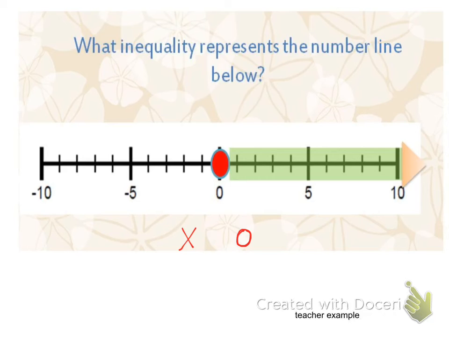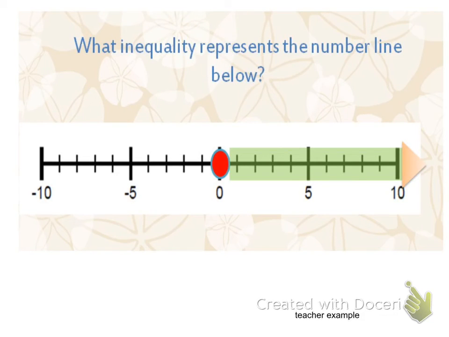Is it going to be a greater than symbol or a less than symbol? Very good. Greater than because it points to the right. So it's a greater than symbol. Is there going to be an equal sign underneath it? Yes. It's shaded in, so we're going to put an equal sign underneath it. Okay, all we did was write the inequality that goes with that graph.